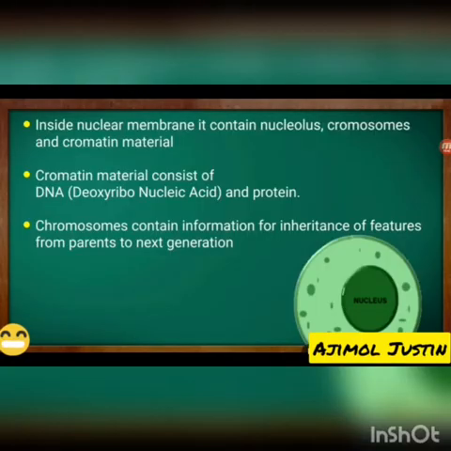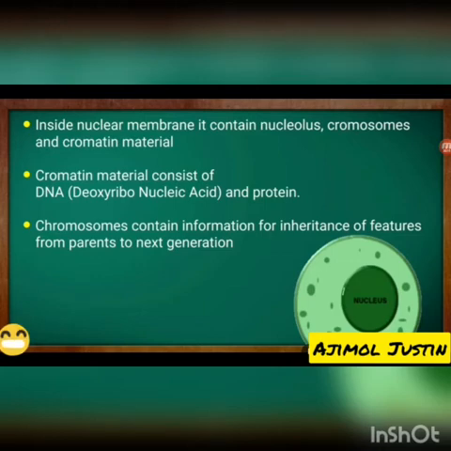Inside the nuclear membrane, it contains nucleolus, chromosomes and chromatin material. The spelling here of chromosomes is wrong. CHROMOSOMES. Yeah. So here, inside of the nuclear membrane, there is a certain structure called nucleolus and also chromosomes. You might have heard about chromosomes.